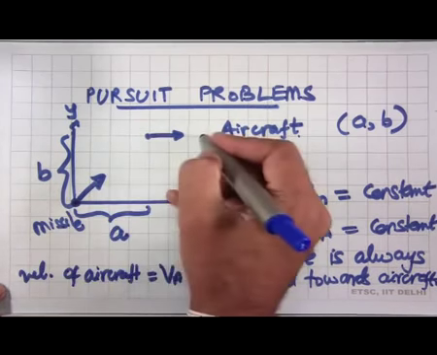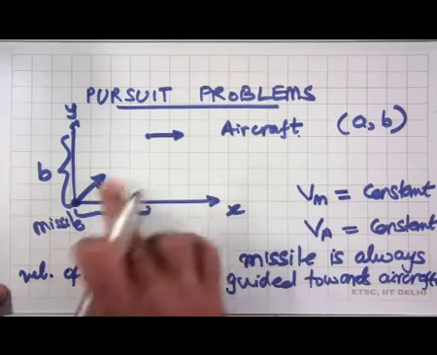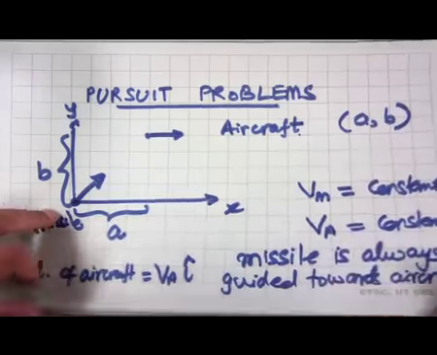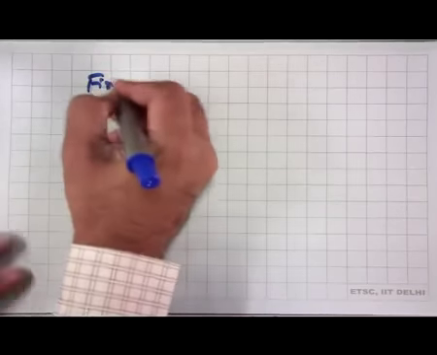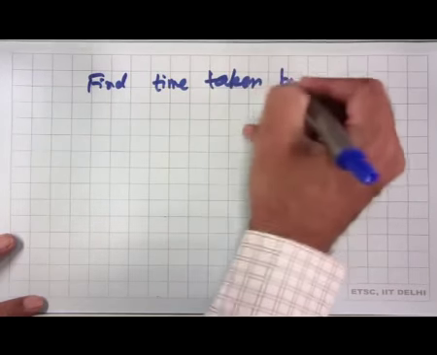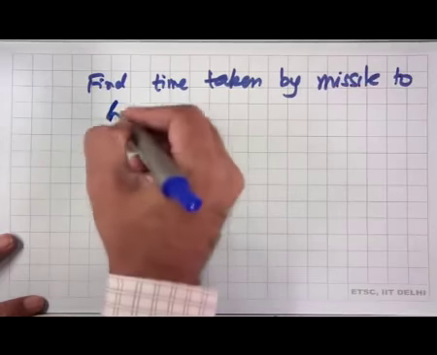That means, when the aircraft goes to the next location, the missile will appropriately change its direction so that it is always going towards the aircraft. And here what we want to find is the time taken by the missile to hit the aircraft.